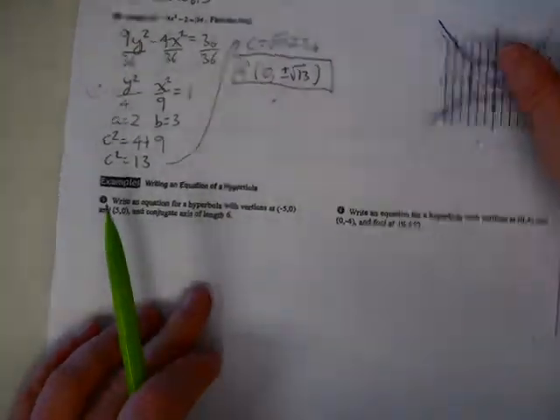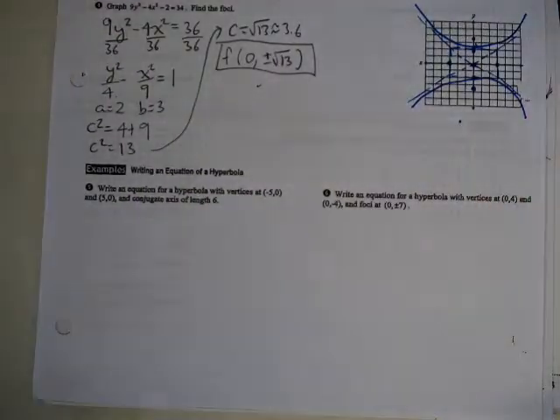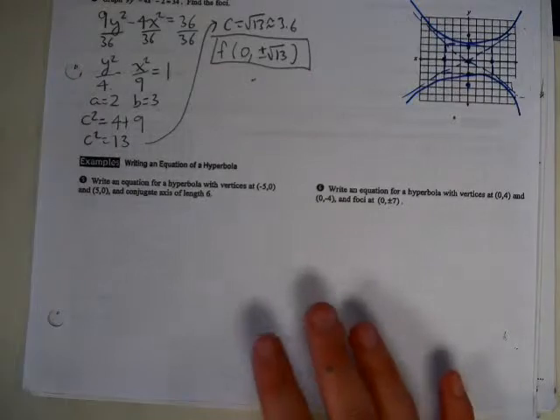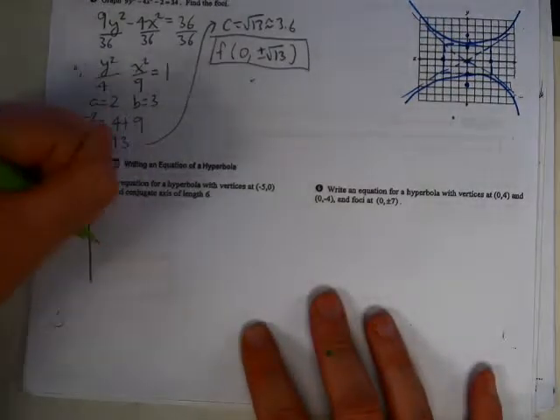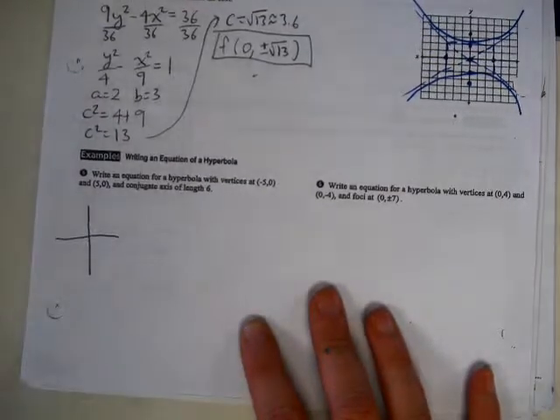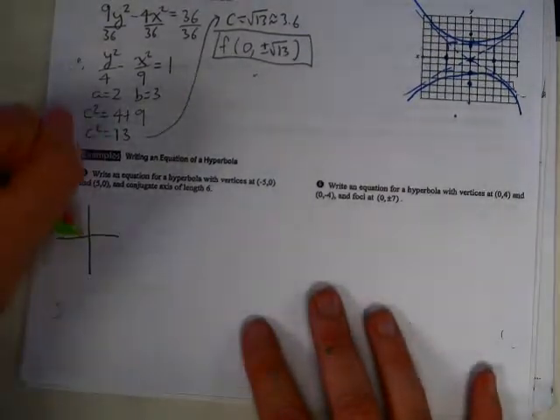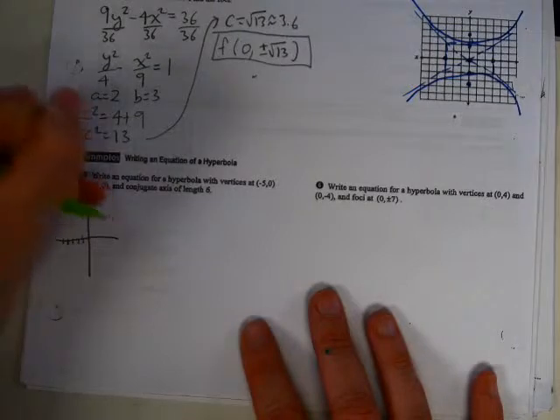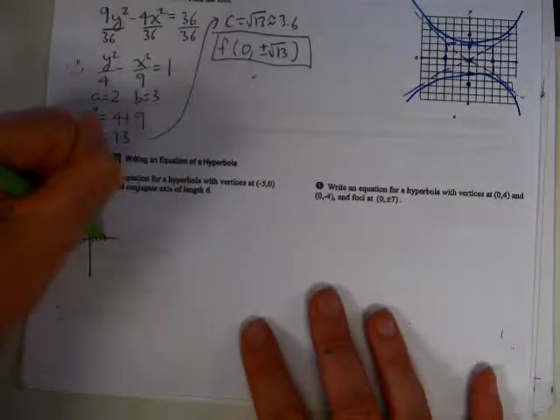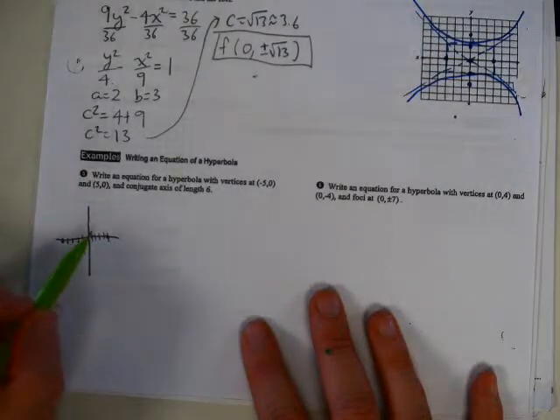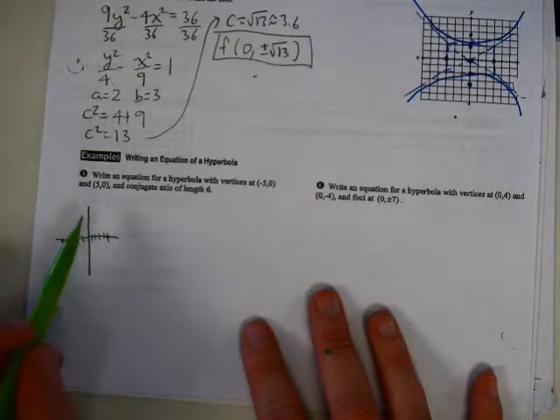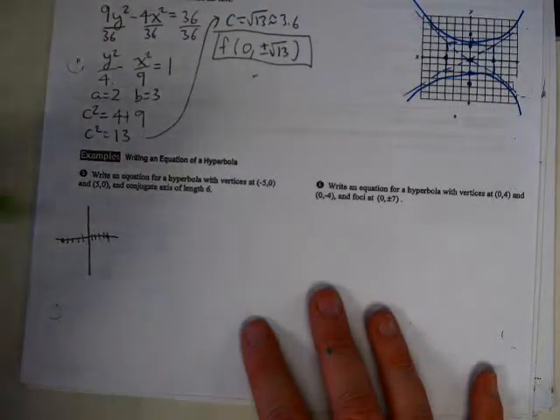So before I do this, as with all of these conic sections, I am going to do a sketch. So I have vertices at -5, 0, 5, 0, and my conjugate axis is length 6, which means 3 above the center, 3 below the center.